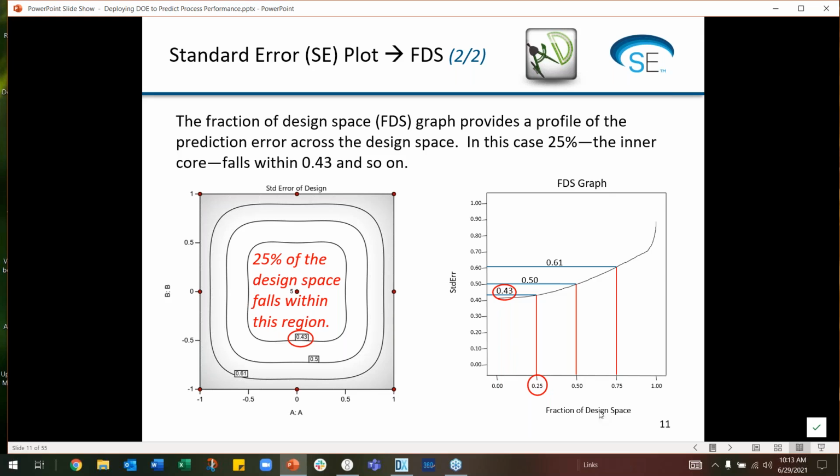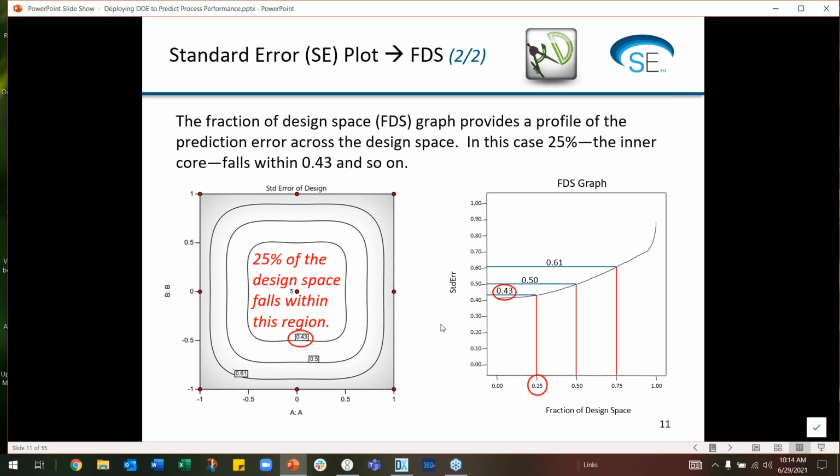FDS is the fraction of design space, and on the Y-axis here we have our standard error. And so here we have the standard error of 0.43, and I can see that that contains about 25% of the design space. The next line of 0.5 contains about 50% of the design space, and so on.